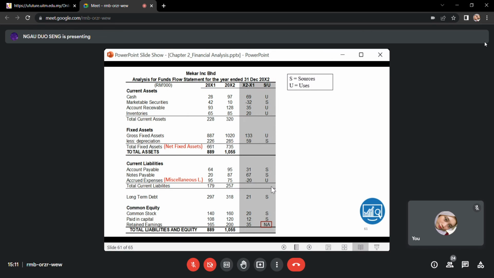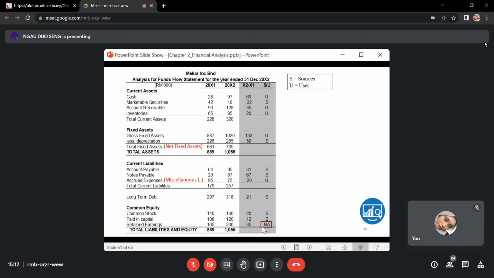Uses of fund. Then we have long-term debt increase. Long-term debt increase means your debt increases, but funds increase by 25. This one is sources of fund. Then common stock increase 20, sources. Paid-in capital, right, increase 12, sources.